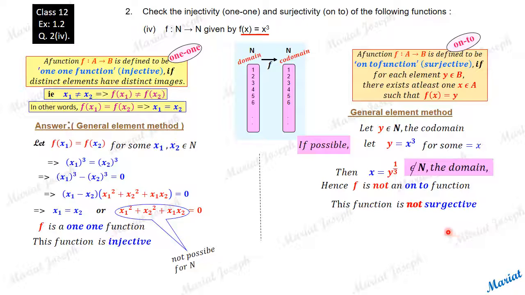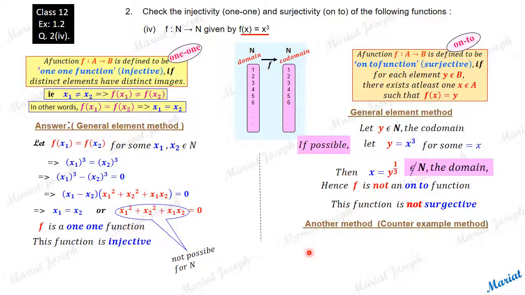Now, whenever we want to prove that a definition is not valid, it is sufficient to show it through a counter example, a numerical example. Remember, this counter example method is possible only when we want to prove the negation of the statement, when it is not surjective, when it is not onto.